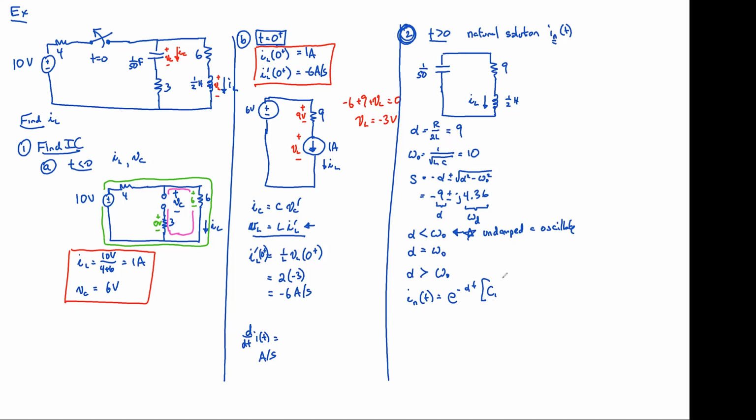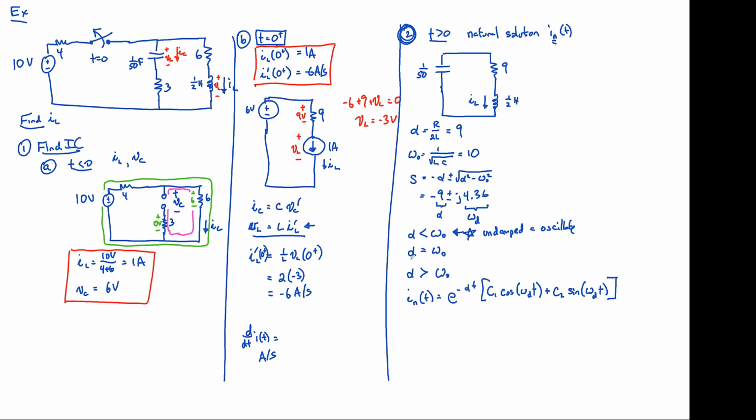C1 is an unknown coefficient. It's constant. We just don't know what it is. And this is omega sub D, not omega sub T. You'd think that they would give us two variables that were not so similar as omega sub D and omega sub T. But I'll tell you what they are.